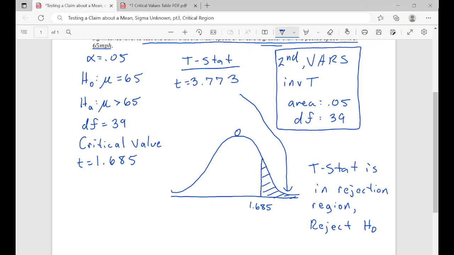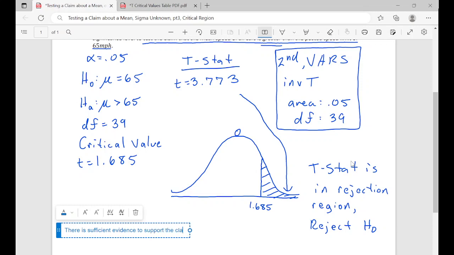Now that we have rejected it, we still have to state our claim. We have to summarize it in a sentence or so. So I'm going to write out my statement. Since we rejected it, we say there is sufficient evidence to support the claim that the mean speed is greater than 65 miles per hour.